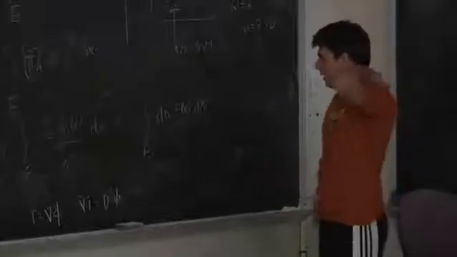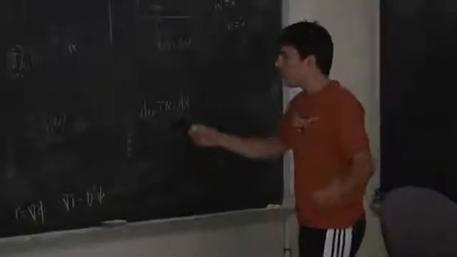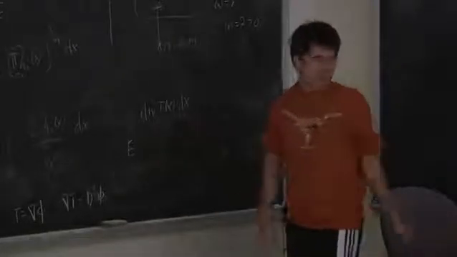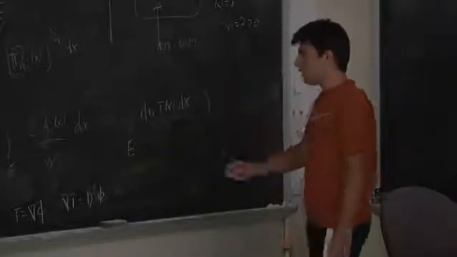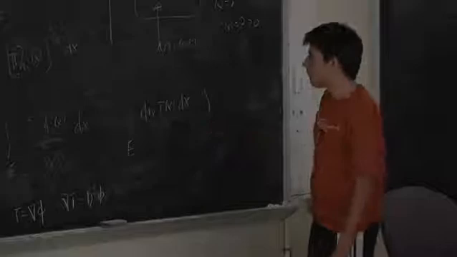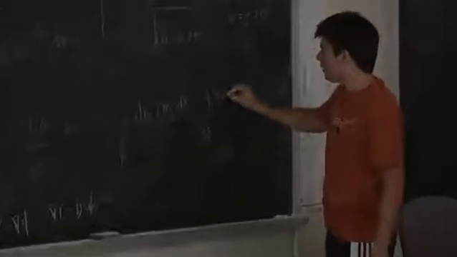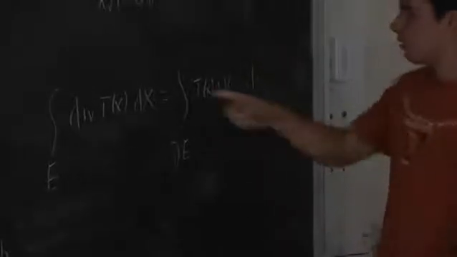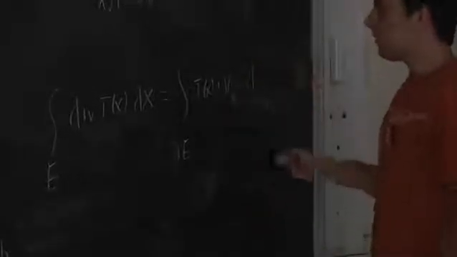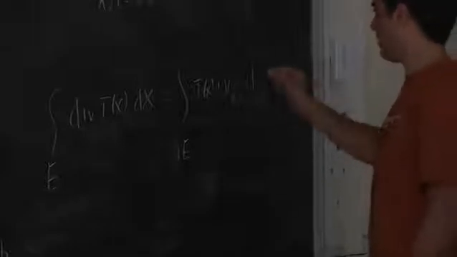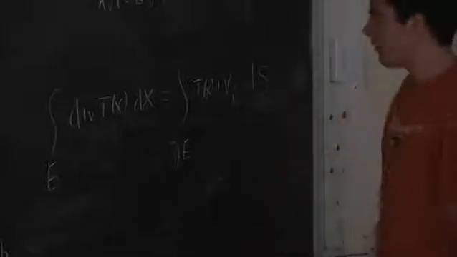And now what? Now we just use the divergence theorem. So this is equal to the integral over the boundary of E of T dotted with the normal to the boundary. The measure is not dx, it's the Hausdorff measure, but let's just call it ds, the surface measure.